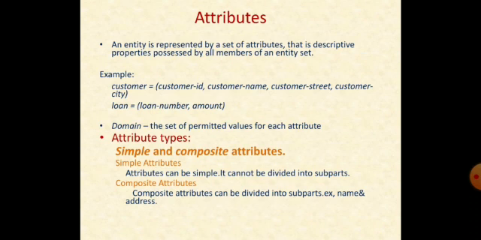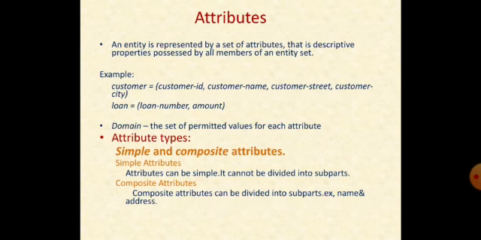The next topic is attributes. An entity is represented by a set of attributes. That is, each attribute has some descriptive properties. As we saw already, customer and loan are entity sets, and each entity set contains various attributes.